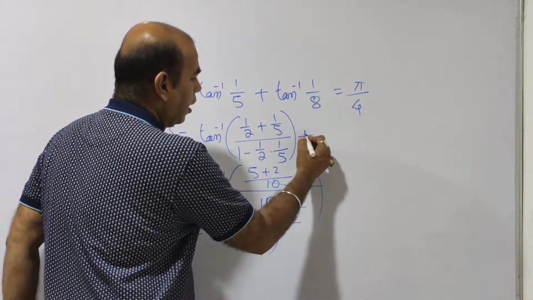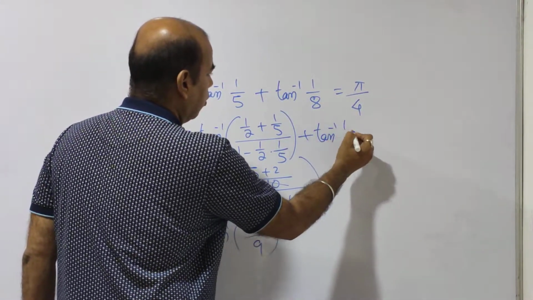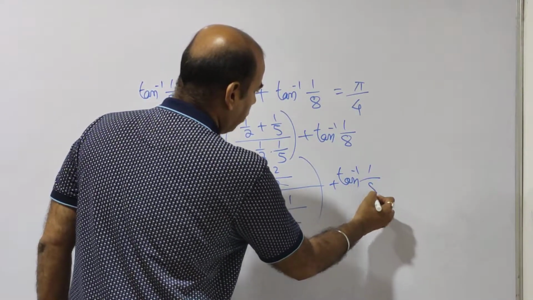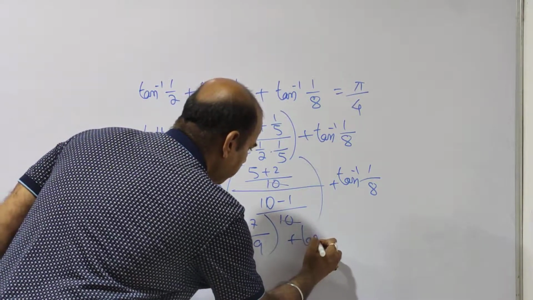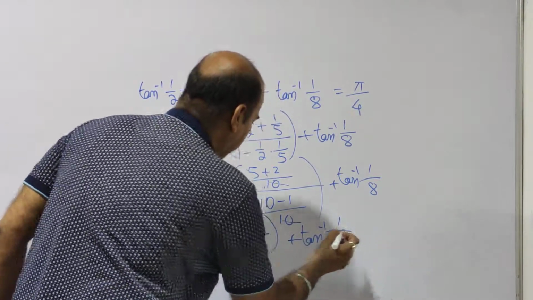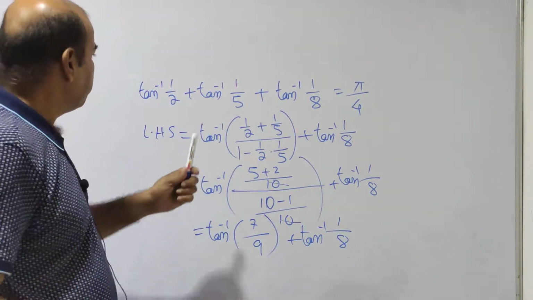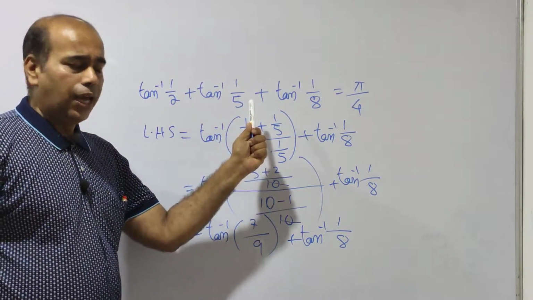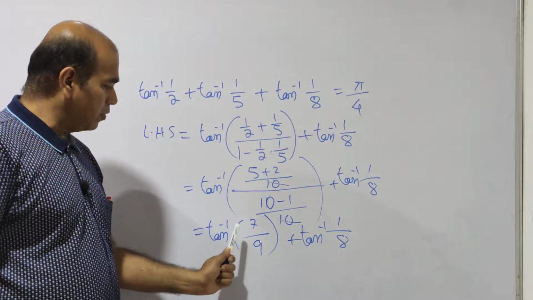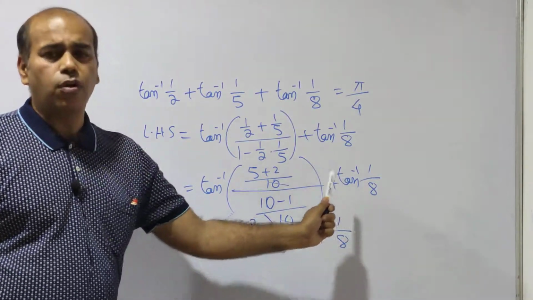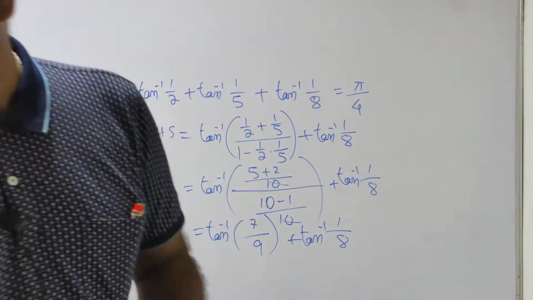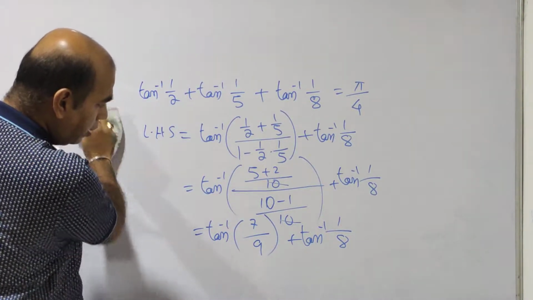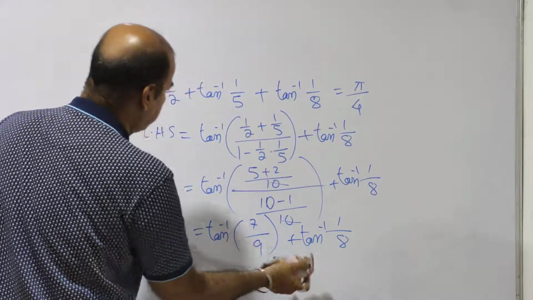But with this I have tan inverse 1 by 8, so tan inverse 7 by 9 plus tan inverse 1 by 8. First I applied tan inverse x plus tan inverse y on these two parts, and as a result I got tan inverse 7 by 9 plus tan inverse 1 by 8. Then what happens next? I will apply the formula within these two.